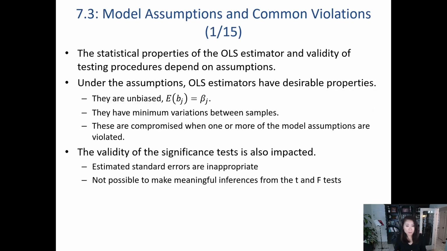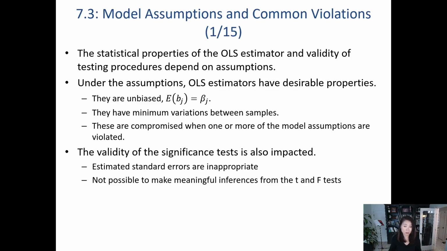In order to talk about diagnostics or residual analysis, we need to talk about model assumptions. For the regression model we learned, also called ordinary least squares, this model does a really good job estimating our data because the OLS estimator, which is all the betas we estimated so far, is considered unbiased.